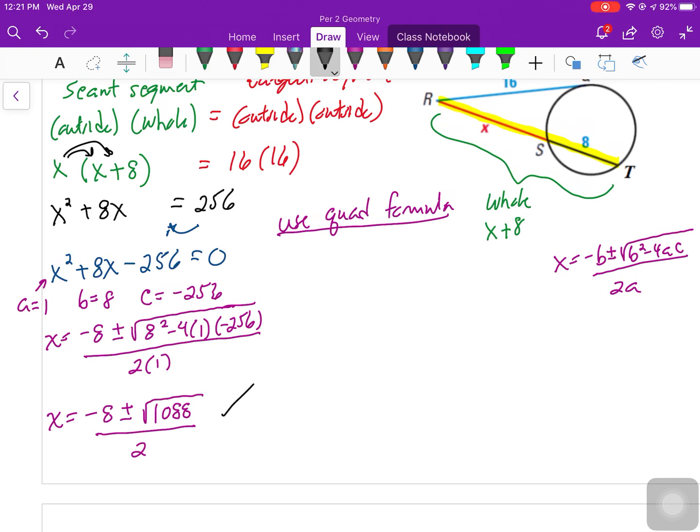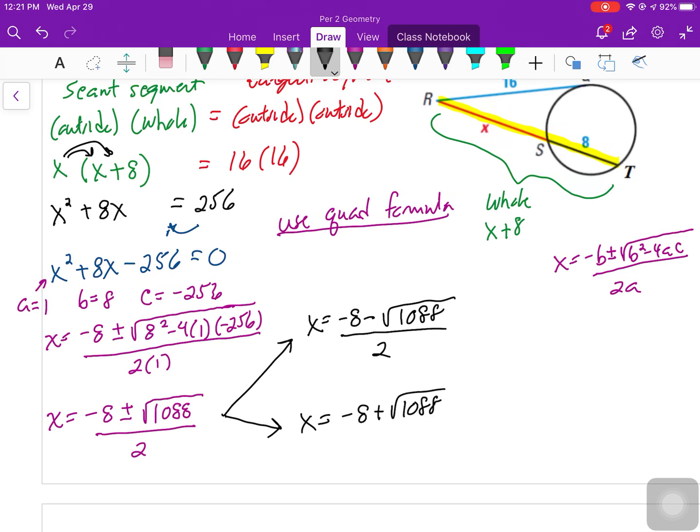Okay, and now it's time to split that into two parts. One part uses the minus sign: x equals negative 8 minus the square root of 1,088, all divided by 2. The other uses the plus sign: x equals negative 8 plus the square root of 1,088, all over 2.